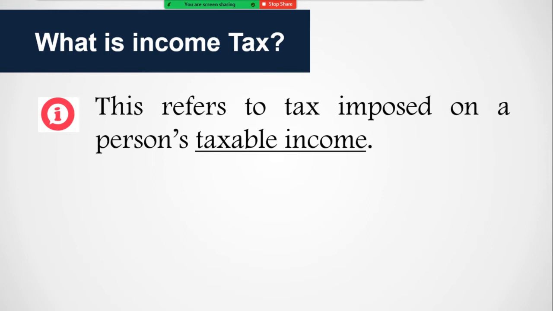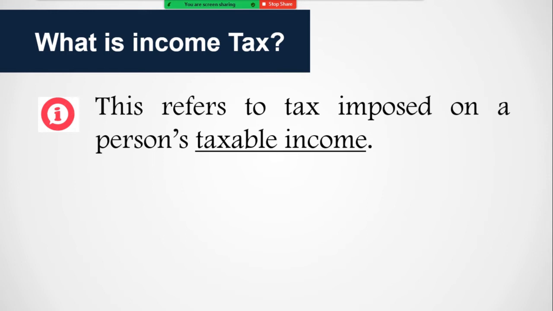Taxable income has been underlined because certain incomes are not taxable. Yes, they are incomes derived by taxpayers, but those incomes may not be taxable. So we are talking about taxable income, and if you have such income, then we tax what we refer to as the income tax.